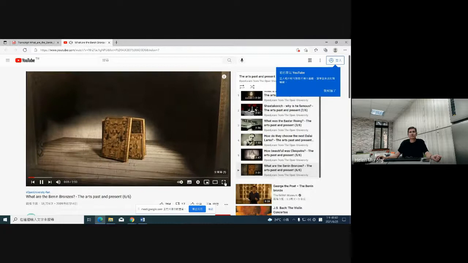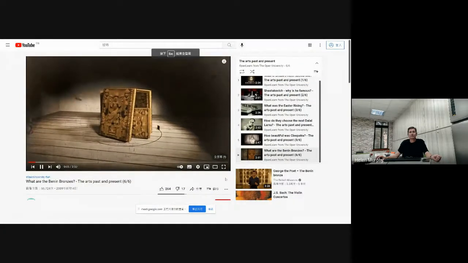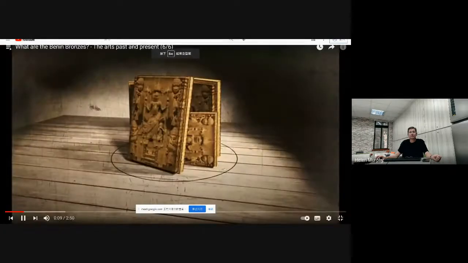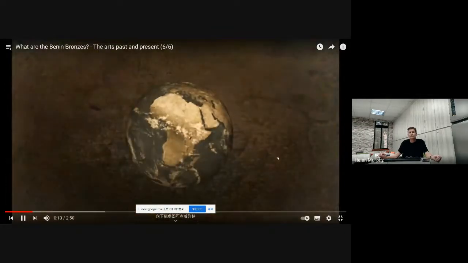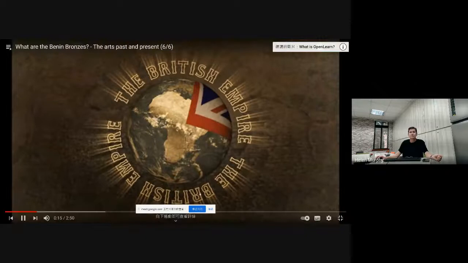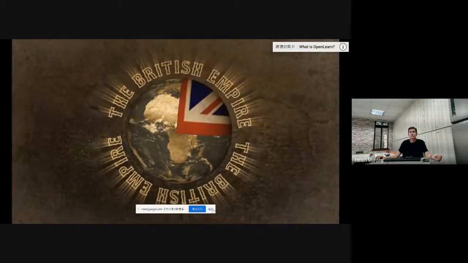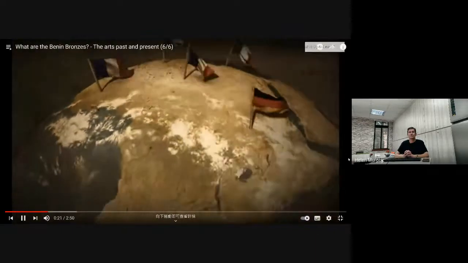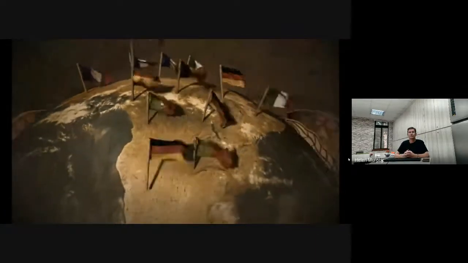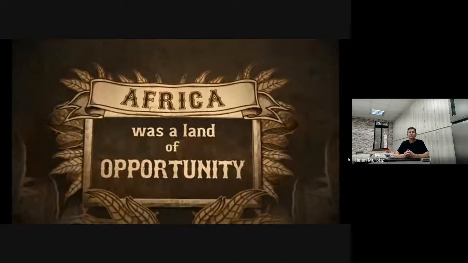These are the Benin bronzes, some of the greatest African art ever made, and we stole them. At the end of the 19th century, the British Empire spanned a quarter of the world. The other European nations wanted their own empires, and a huge land grab began. Africa was a land of opportunity.